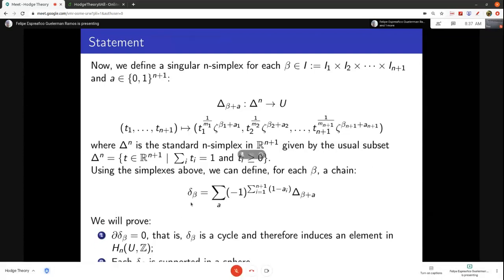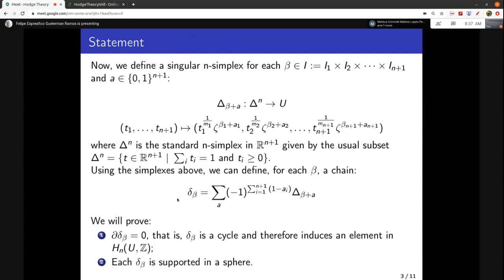So we have these delta betas, and we will prove that the boundary of delta beta is 0. So we are going to prove that delta beta actually induces an element in the nth homology, and also that delta beta is supported on a sphere.